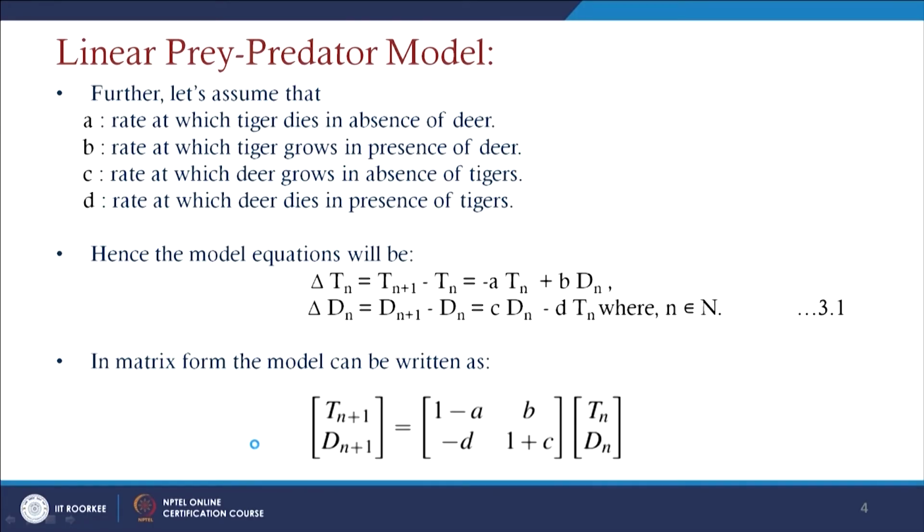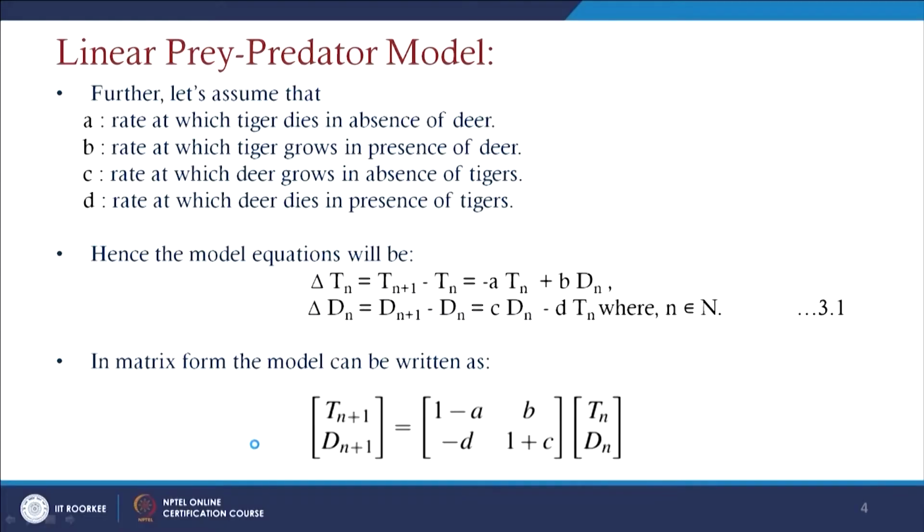After some time, if enough tigers are present, they will not find sufficient food and will start dying. When it balances again with the deer population, the tiger population will grow again. D is the rate at which deer die in the presence of tigers.